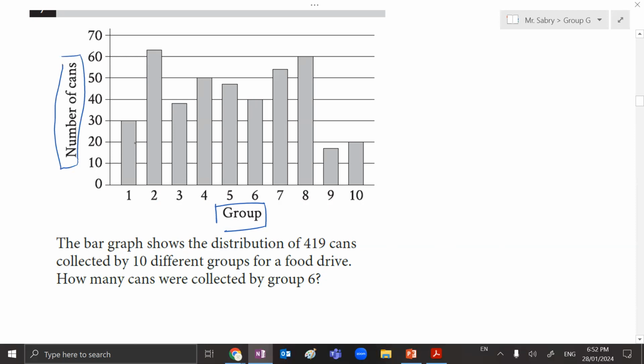And that's now enough for you to know how to use the graph to find whatever is wanted. They need me again to look for the number of cans at group 6 because X represents the groups. I'll go for group 6, which is this one. I'll check where the bar stops on the number of cans, and apparently there are 40 cans. So the answer here is 40.